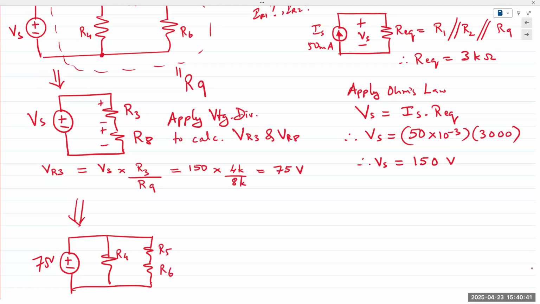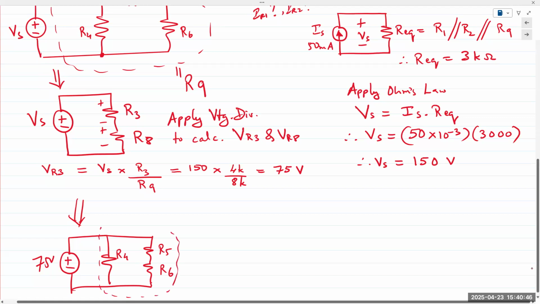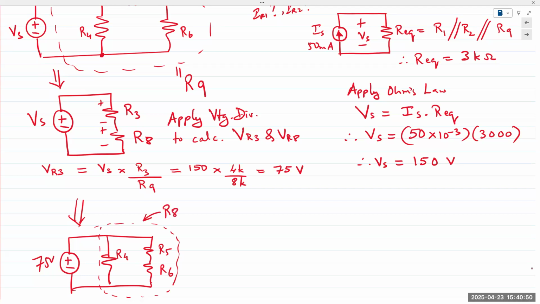R4, 5, and 6. And this is R8. We're expanding the circuit step by step.